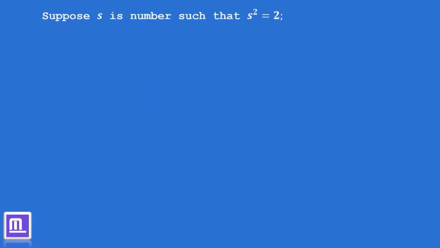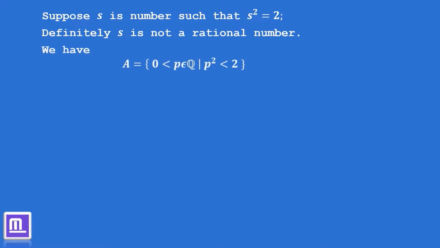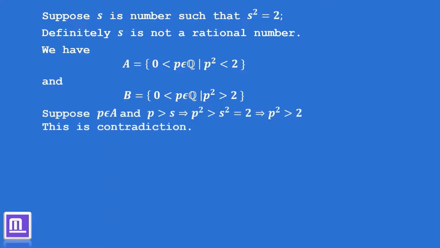set B. Suppose s is a number such that s square is equal to 2. Definitely s is not a rational number. By now we have clear information about this. We have set A equal to the set of all rational numbers whose square is less than 2, and set B equal to the set of all rational numbers whose square is greater than 2.